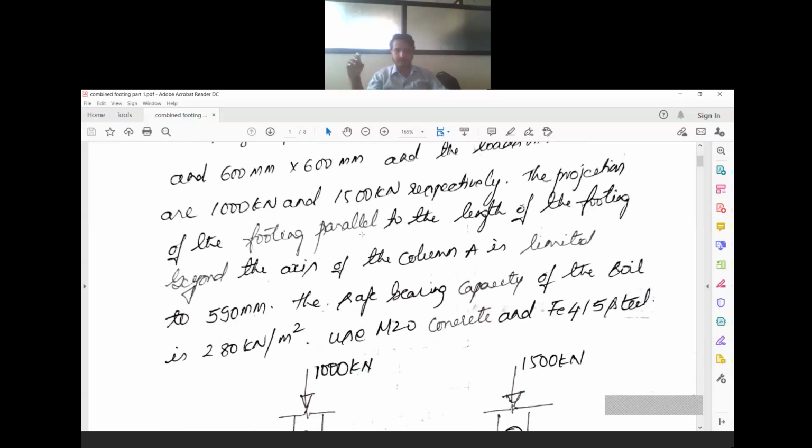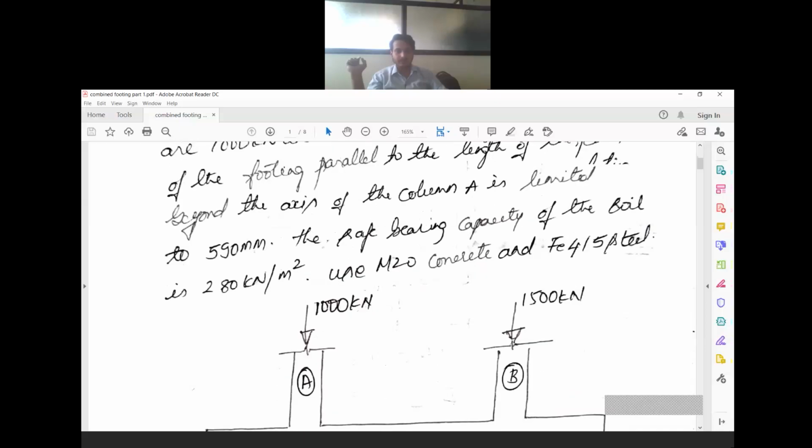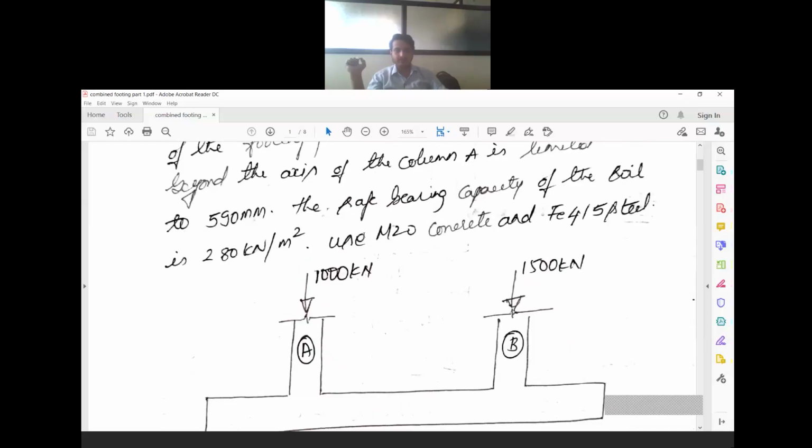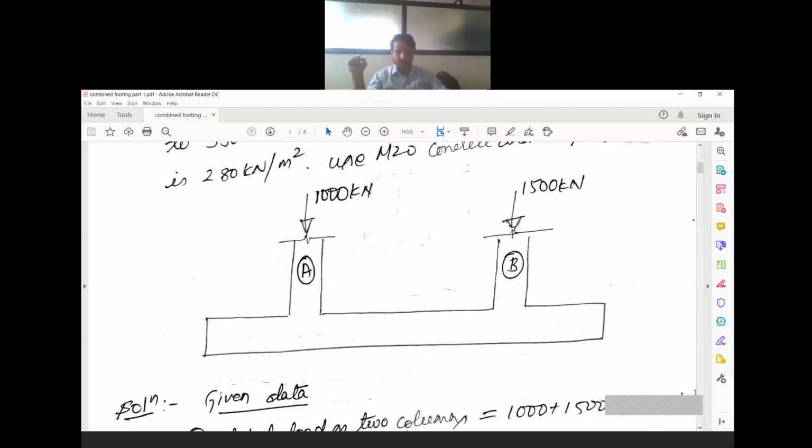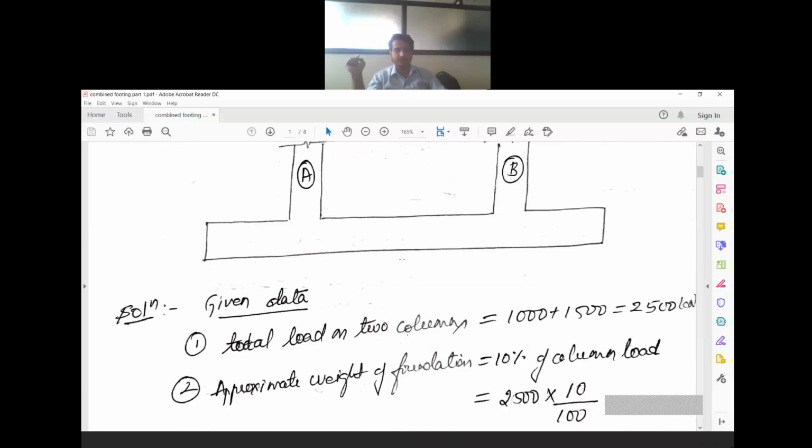The projection of the footing parallel to its length beyond the axis of column A is limited to 590 mm. The safe bearing capacity of soil is 280 kilonewton per meter square. Use M20 concrete and Fe415 steel. This is what they have given in the question: column A carries 1000, column B carries 1500 kilonewton.